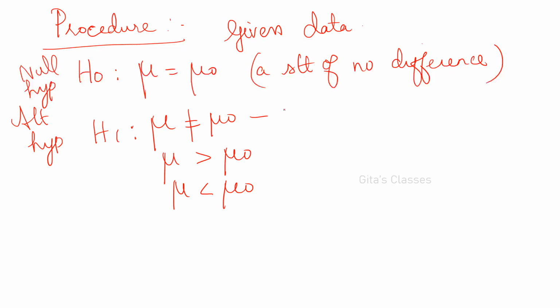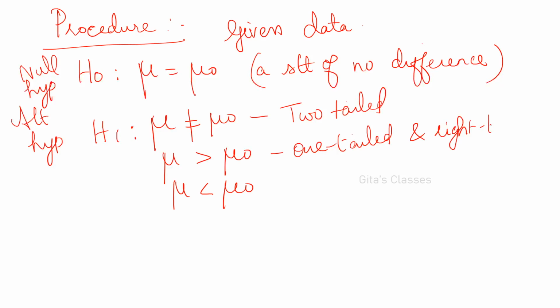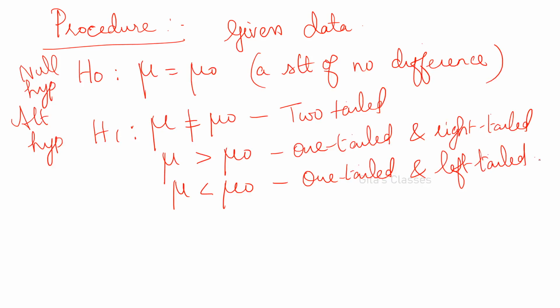The not-equal case is called two-tailed, and greater than is one-tailed, right-tailed. And here less than means one-tailed, left-tailed. So these are the three possibilities for H1.